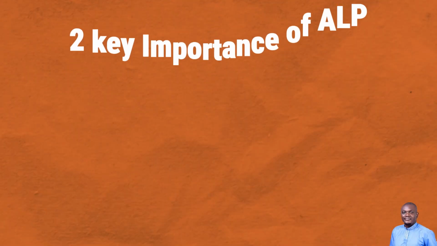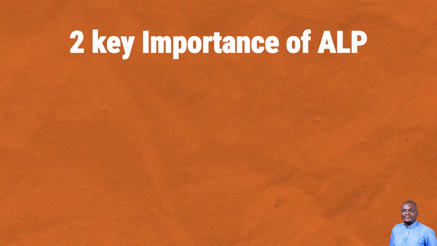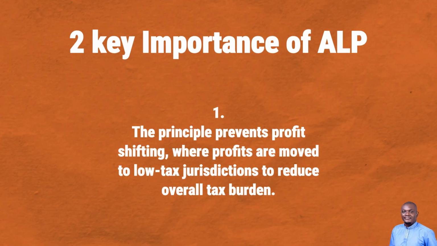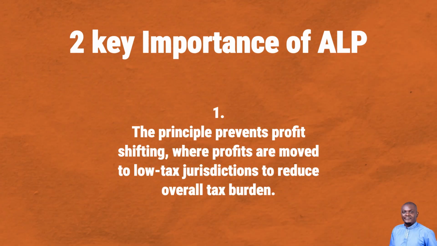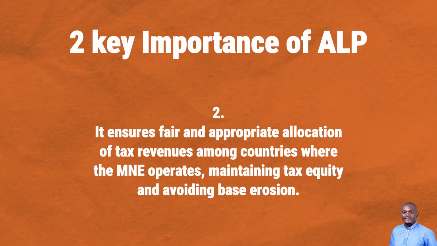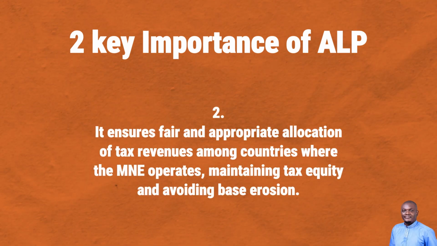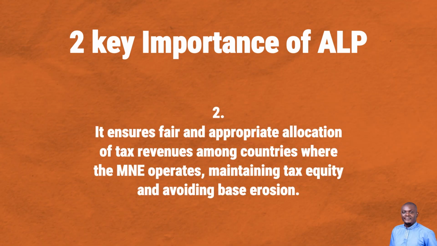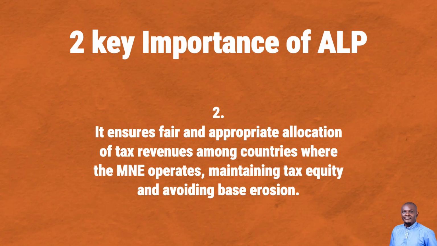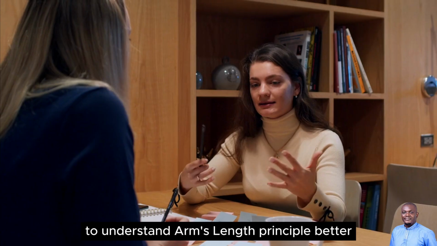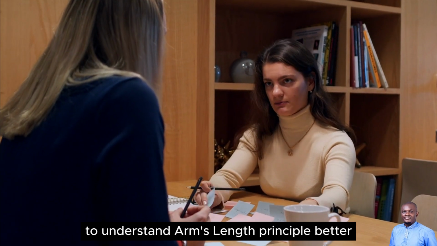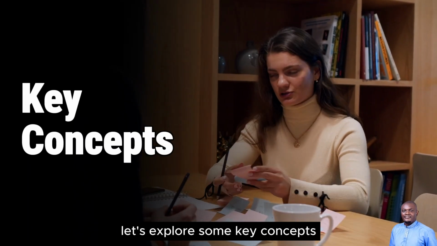Two key importance of the arm's length principle are: the principle prevents profit shifting, where profits are moved to low tax jurisdictions to reduce overall tax burden. It ensures fair and appropriate allocation of tax revenue among countries where the MNE operates, maintaining tax equity and avoiding base erosion. To understand the arm's length principle better, let's explore some key concepts.